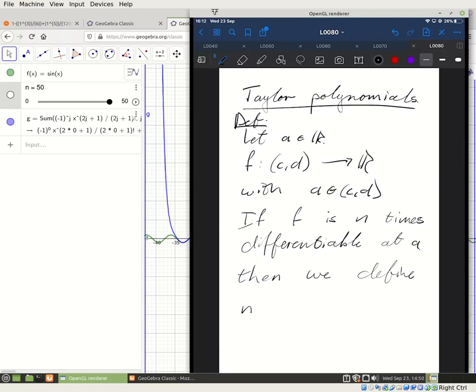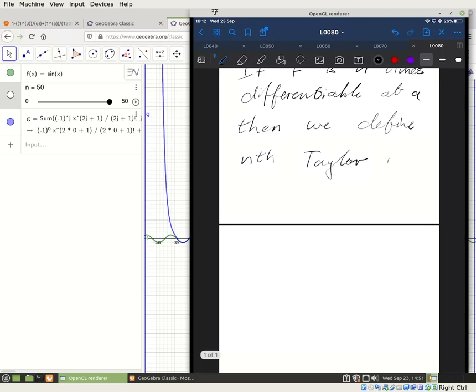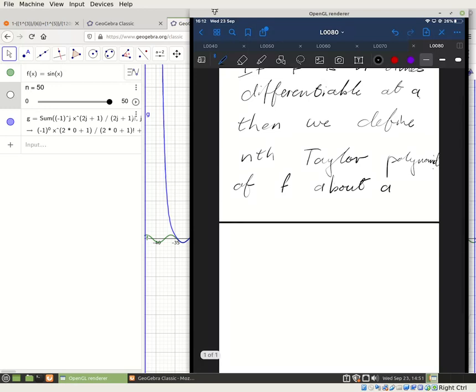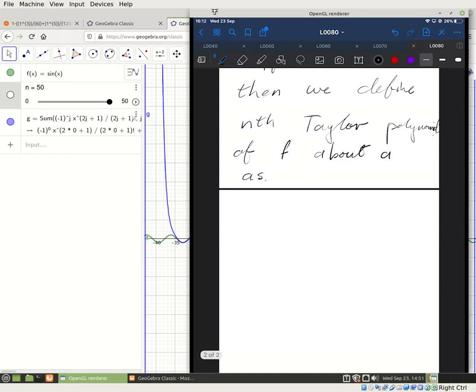the nth Taylor polynomial of f about A, or around A, as follows. So we define it as follows, and we write Pn of x, and it is defined as follows.